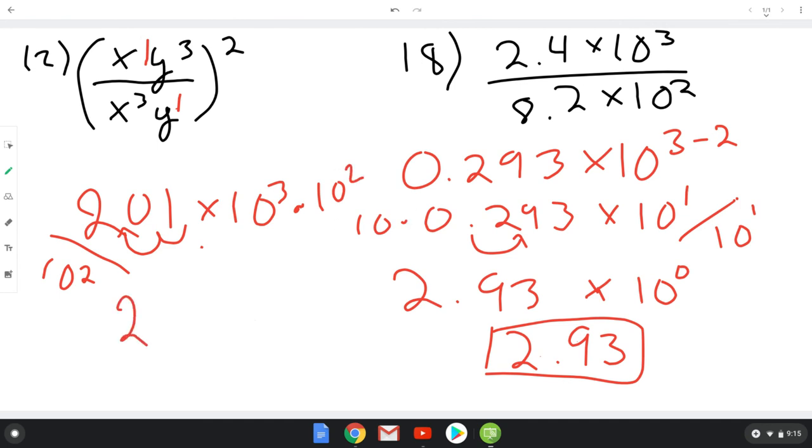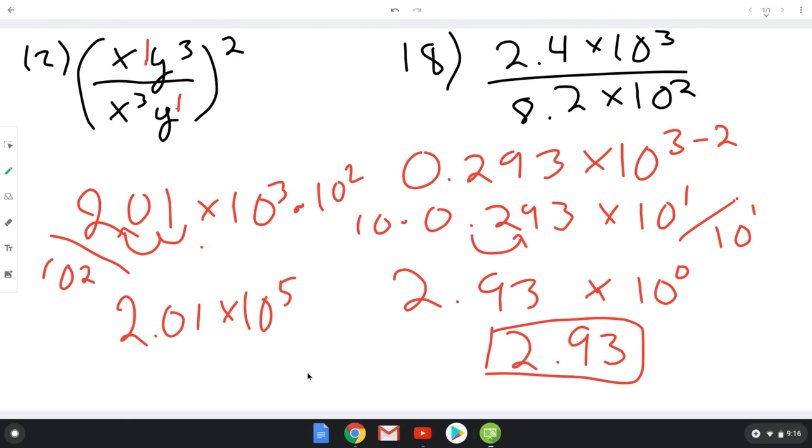So I'd have 2.01 times 10 to the fifth. So if I'm moving to the left, I'm adding to the exponents. And if I'm moving to the right, I'm subtracting. So that's what you need to remember. If I'm going left, I'm adding. If I'm going right, I'm subtracting. And I always want to have just one number in the tens place. That's the convention of scientific notation. We want to have one number here in the tens place.